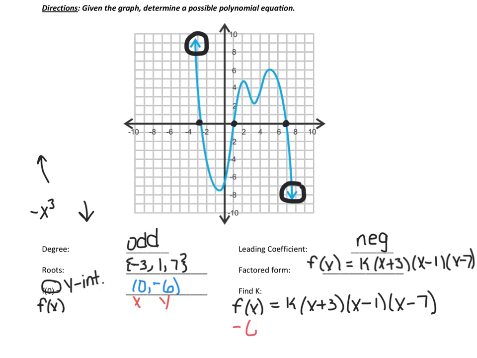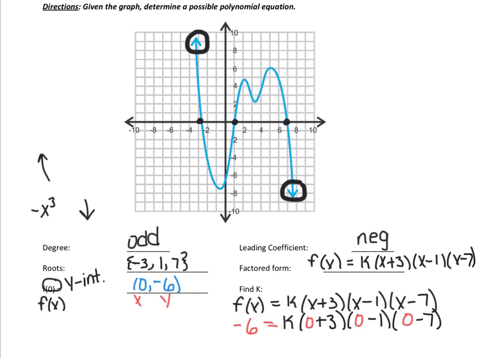So I'm going to plug in y is -6. I'm going to leave k alone because that's what I want to find. And I'm going to plug in x is 0. So 0 plus 3, 0 minus 1, 0 minus 7, and plug in 0 for all of the x's.